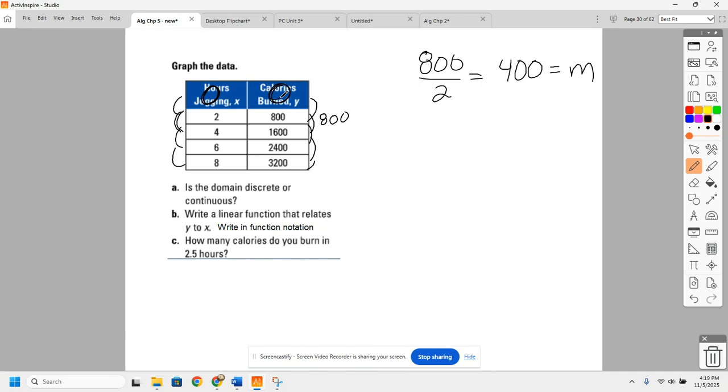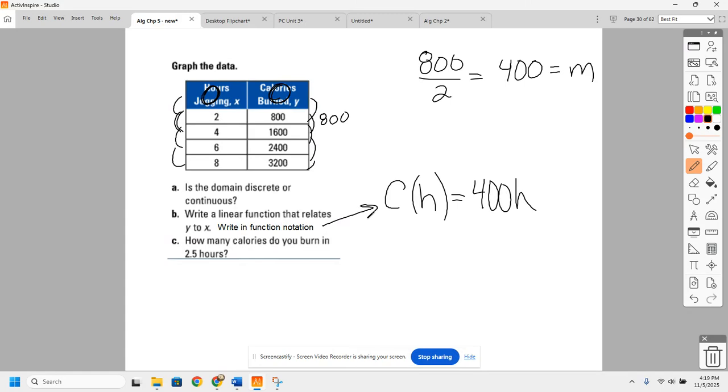So when I go to write my function, I'm going to talk about it as calories in place of hours worked. I'm going to have 400 H, right? So however many hours I work, that's how many calories I'm going to burn, and I didn't have a y-intercept. So here is my function notation. C of H equals 400 H.